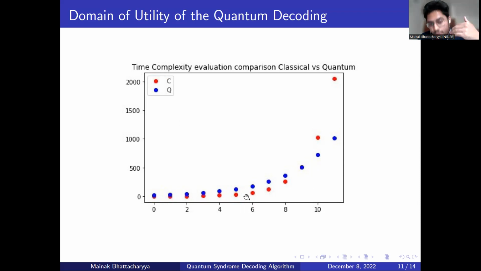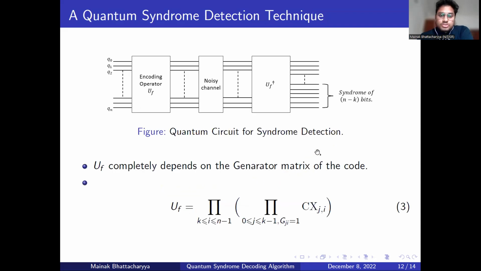But as we increase the number of bits, the time complexity is exponential in the number of bits. So obviously, as we increase the number of bits, the classical process gets exhausting, and the quantum process gives us a visible speed up in the searching process.